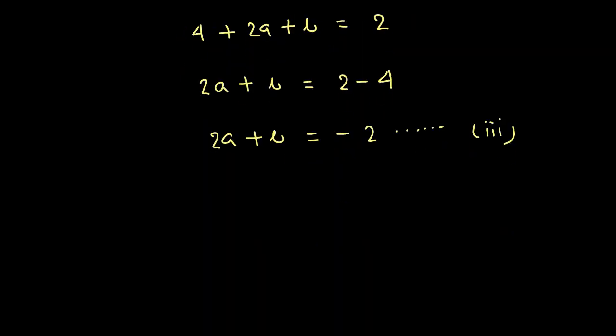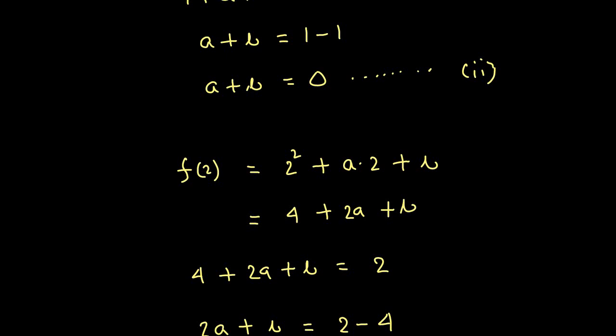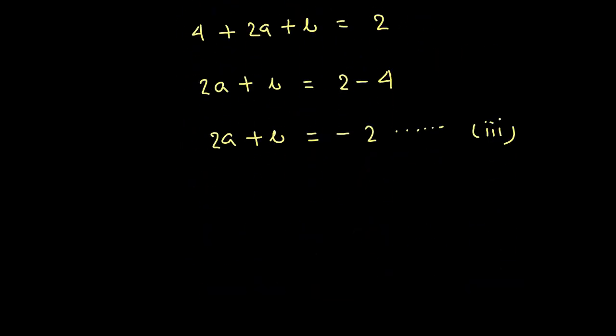So from equation number 2, we have a plus b equals 0, and from equation number 3, we have 2a plus b equals minus 2.